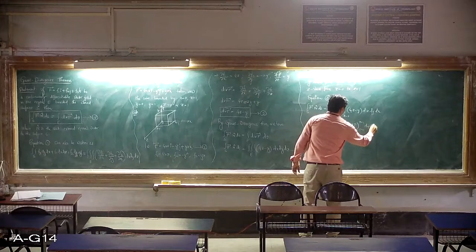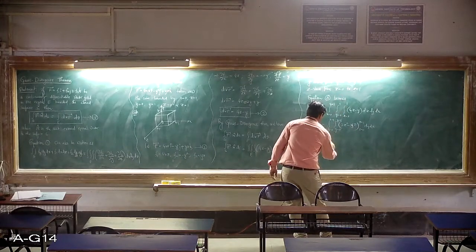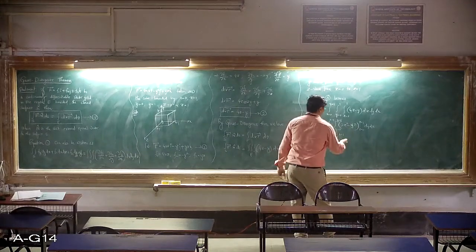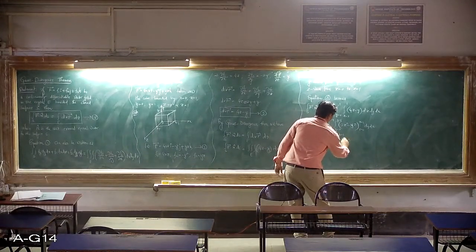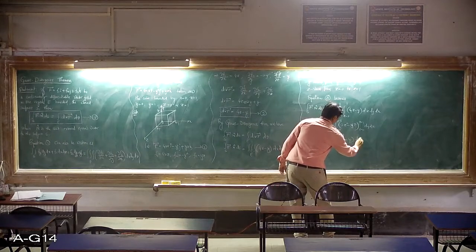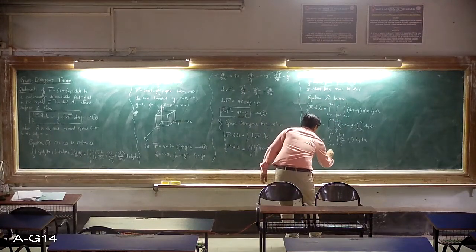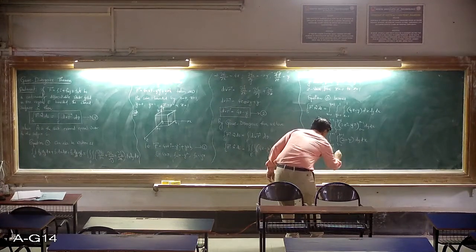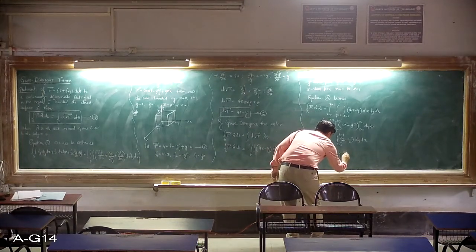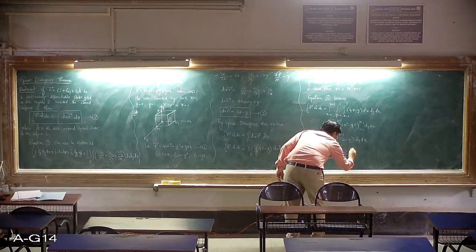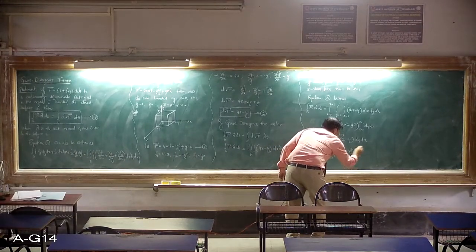z is running from 0 to 1, this is dy dx. That equals x from 0 to 1, y from 0 to 1. Now put the upper limit, this is 2 minus y, and for the lower limit it is 0, leave it. That is 2 minus y into dy dx, again x from 0 to 1. Now integrate with respect to y: this becomes 2y minus y square by 2, y from 0 to 1, into dx.